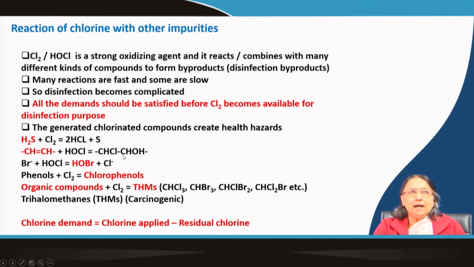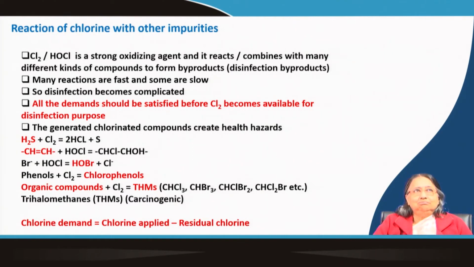And now bromide, you know seawater can contain bromide. So, in many places bromide concentration may be there in water. When you disinfect that type of water, then HOBr, hypobromous acid, is formed. Now, HOBr is also a good disinfecting agent, but it contains bromine, and bromine is not a very good substance.